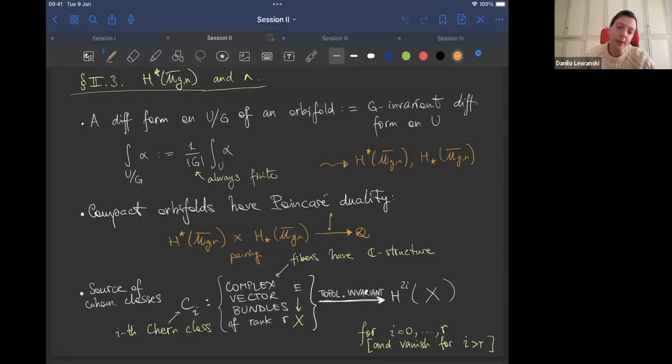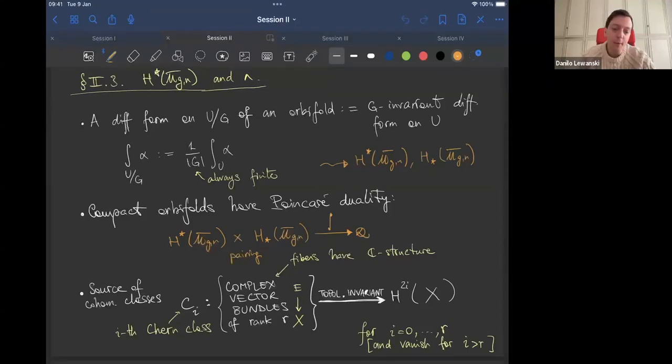And now when you're integrating over this space where you have this G action, this is exactly the same thing as integrating the differential form that is also defined on U, just on U. But now you weight this integral by the inverse of the automorphism, so by the inverse of the cardinality of G, and because G is finite, this is a number, and so there are no problems.